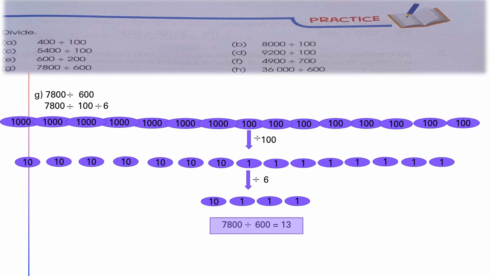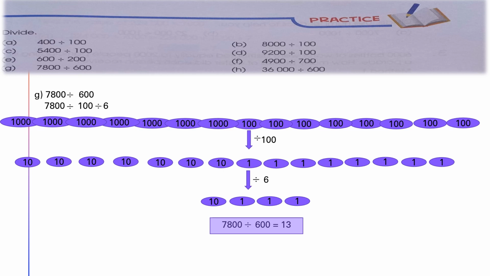For part G, we have to divide 7,800 by 600. So for 7,800, we have 0 ones, 0 tens, 8 discs of 100, and 7 discs of 1,000. For 600, we break it up into 100 and 6. So first, the discs are going to be divided by 100 and then by 6.